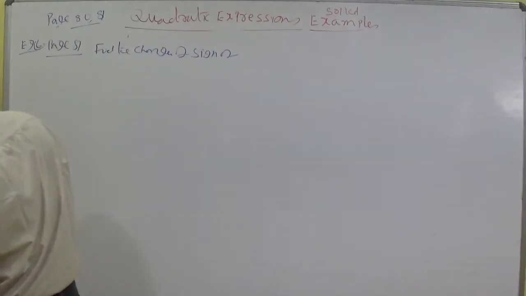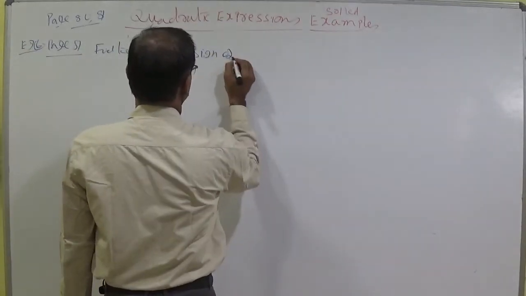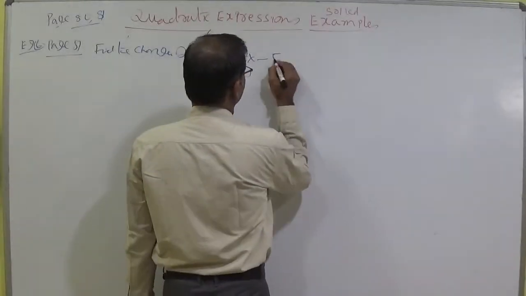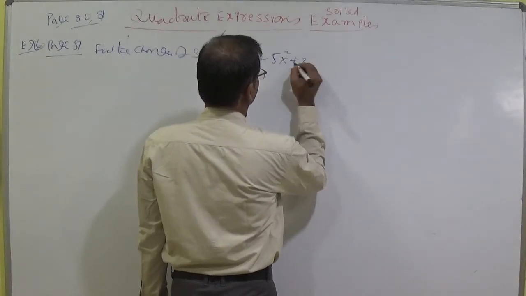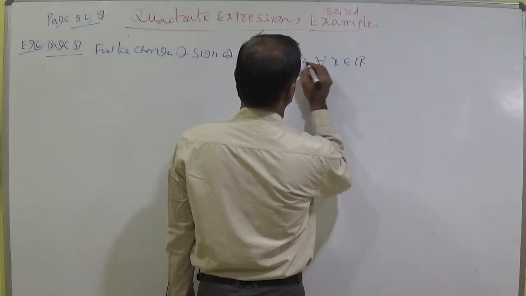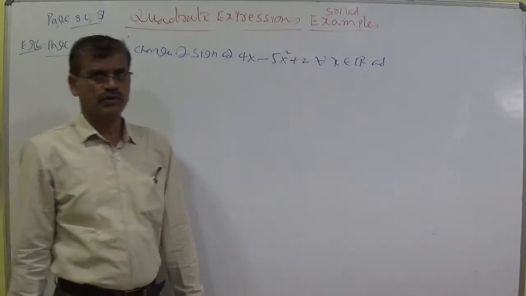Find the changes of sign of the function 4x minus 5x square plus 2 for all x belongs to R and find the extreme value.